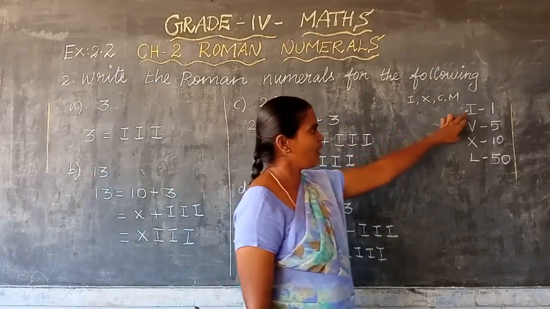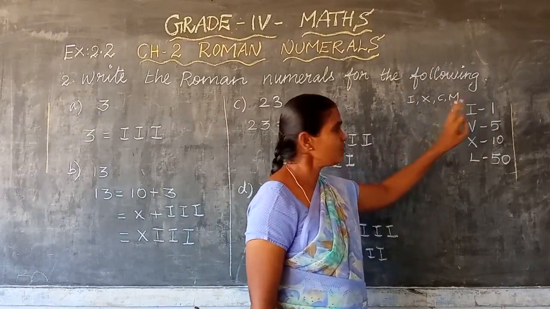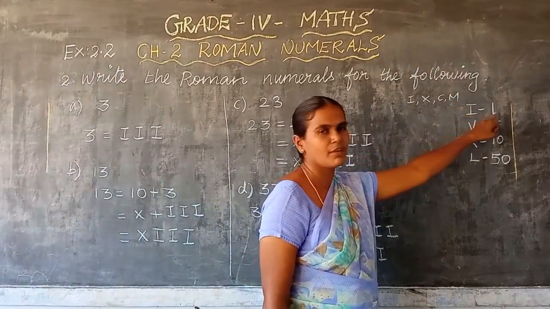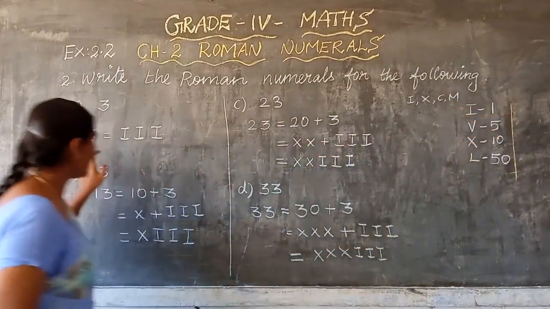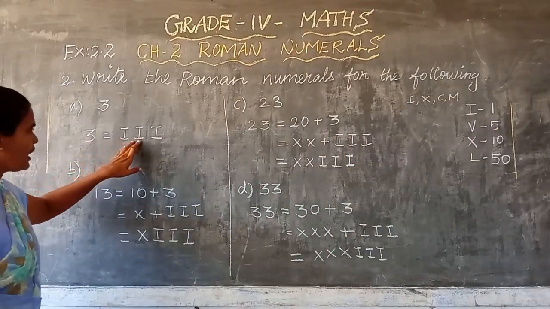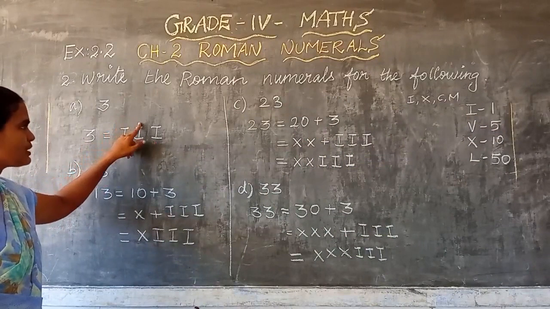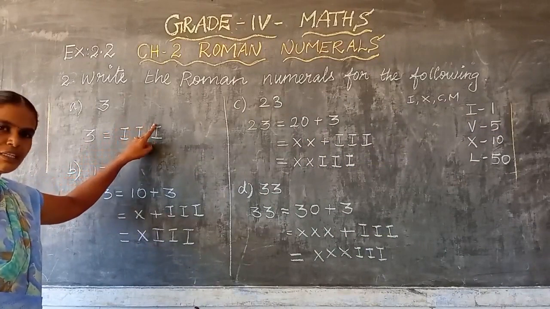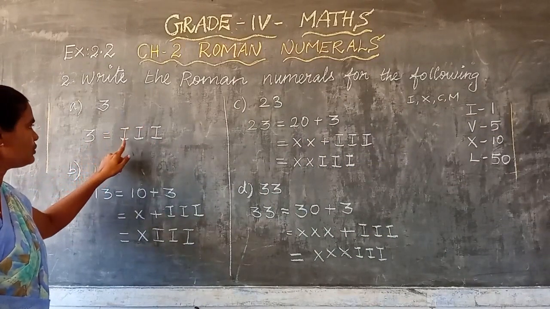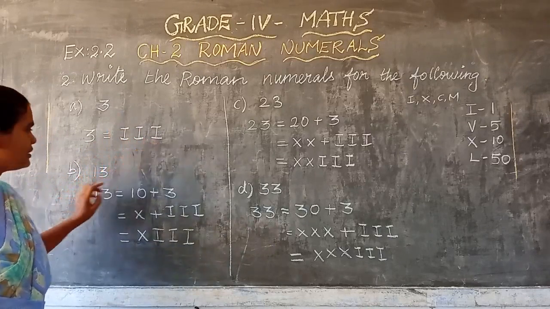So 3 times I means we get value 3. So I will write 3 equal to III. I value 1, so 1 plus 1 is 2, 2 plus 1 is 3. So 3 equals III.